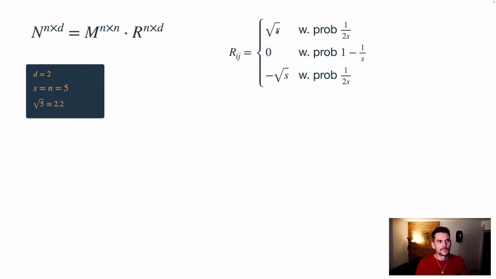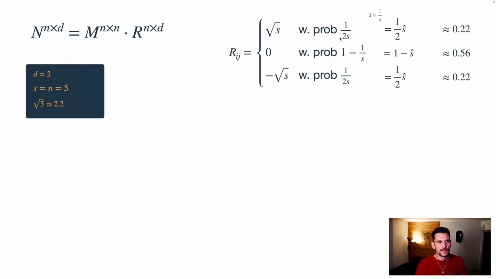So we use the square root of s with the probability of 1 over 2s, we use entries of 0 with the probability of 1 minus 1 over s, and minus square root of s with probability 1 over 2s. Now we can say this differently.